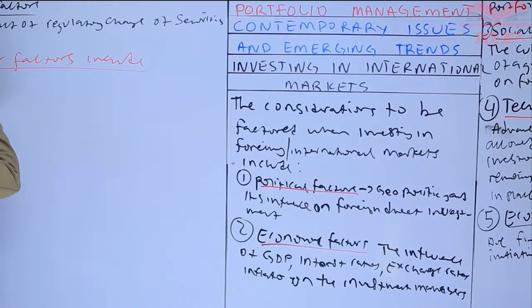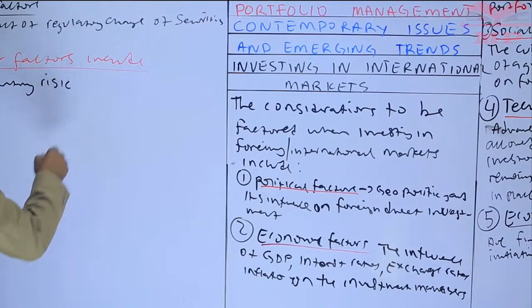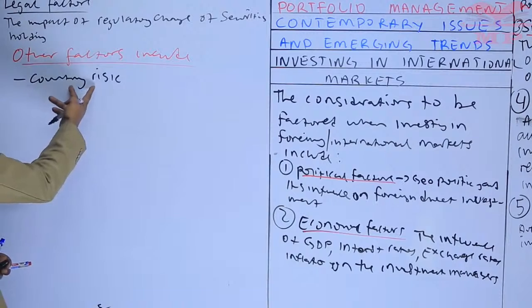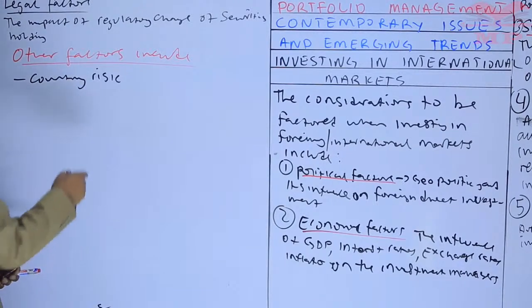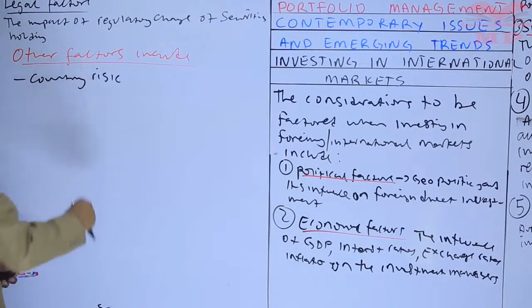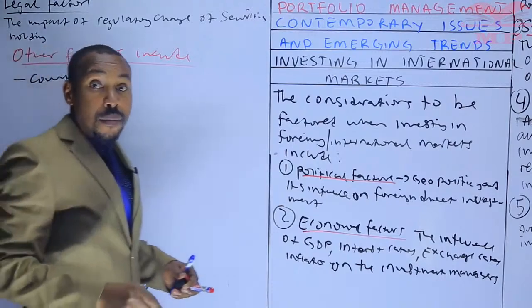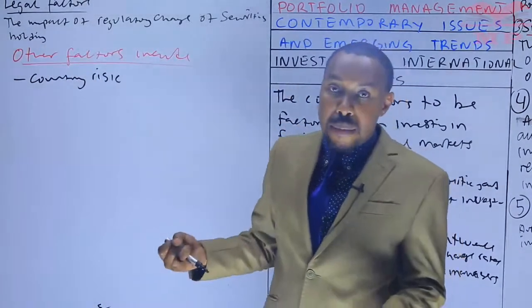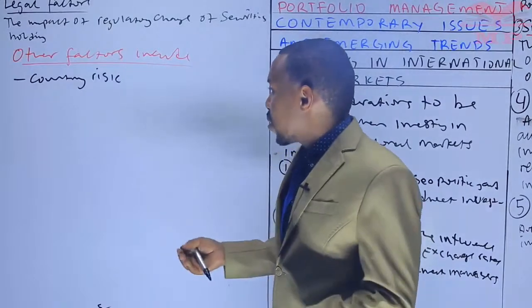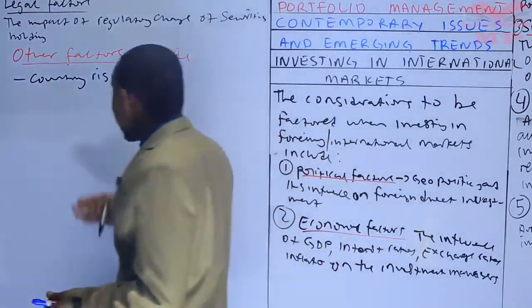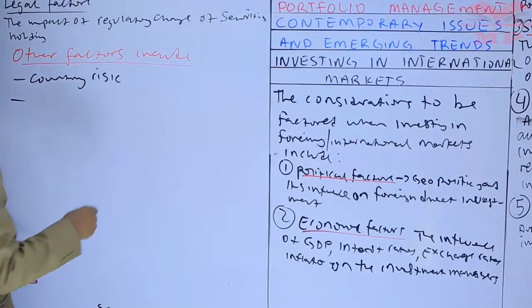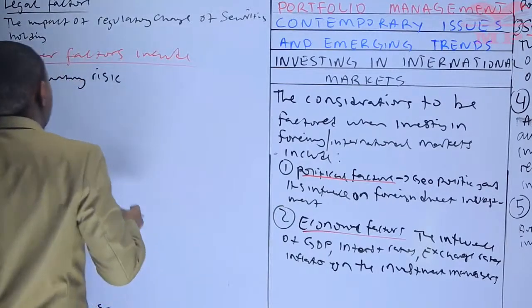Country risk is the risk that is posed by a country, especially in trying to determine its credit rating, its ability to borrow from international markets, say maybe from the World Bank, the IMF, and so forth. So this country risk is also a factor that deters foreign direct investment or investing in international markets.